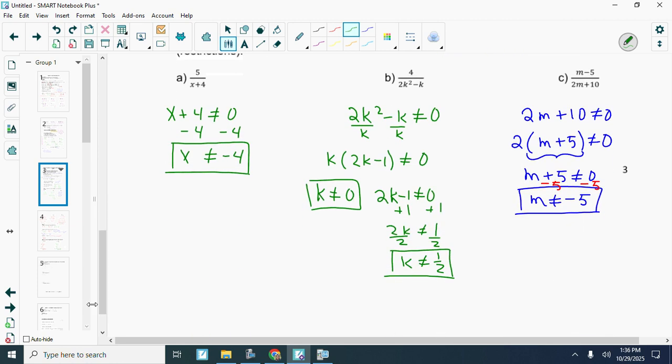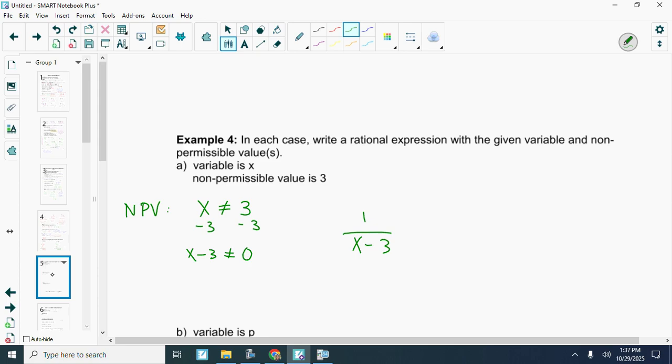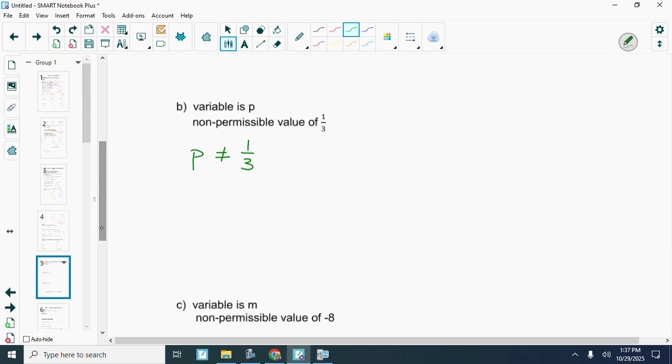Hey guys, look, this is what it looked like when we had a non-permissible value with a fraction. When we worked it back, it just means that we end up with something on the bottom that has a number in front of our variable. The way that we can get to this point, we want to get rid of the fraction.